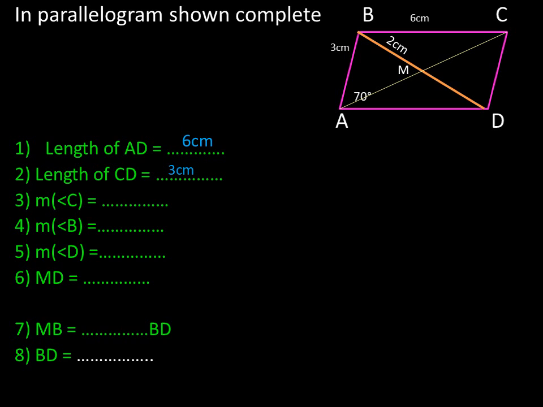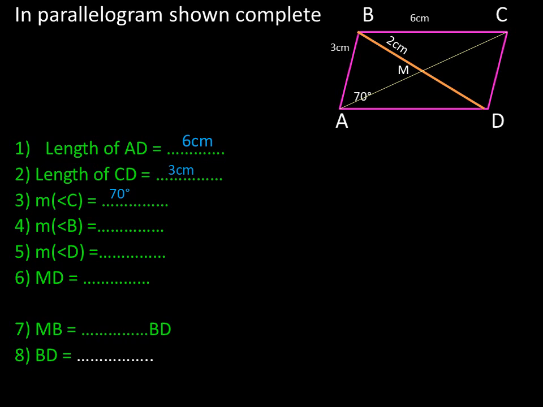Number 3, measure of angle C. Look, the opposite angle of C is angle A. Angle A is 70 degrees, so angle C will be 70 degrees. Number 4, angle B. Angle A and angle B are supplementary, or consecutive, which means their sum is 180.